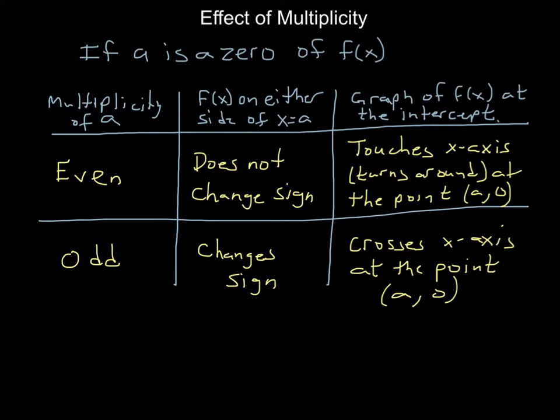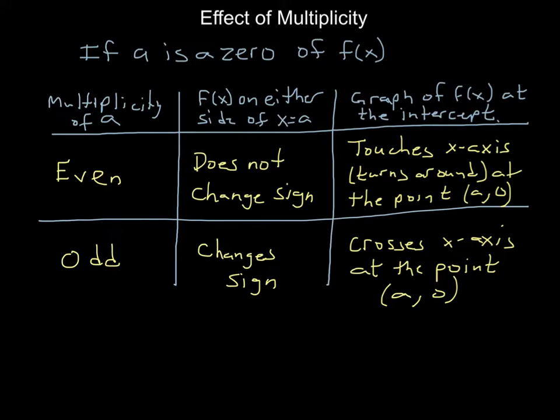If that multiplicity is even, then at that value the graph is going to touch the x-axis at the point (a, 0) and then change direction. So the function does not cross the x-axis.